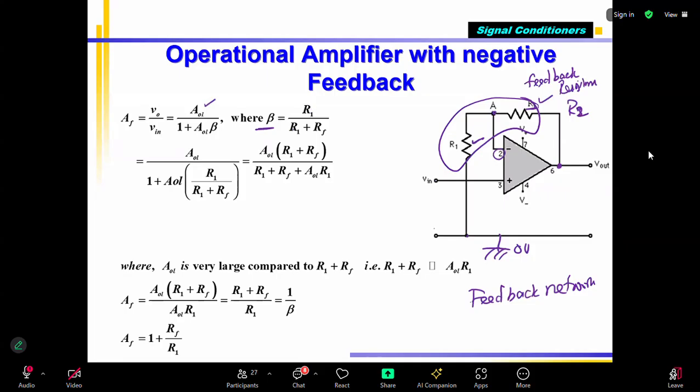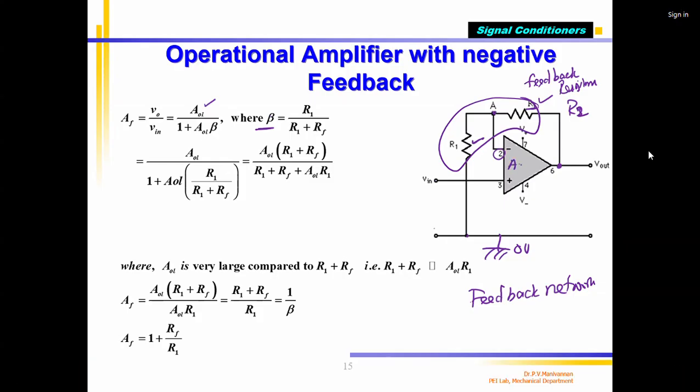And what is AOL? Open loop gain. For example, for a 741, AOL equals 10 power 6. So I can write AF equal to 10 power 6 divided by 1 plus 10 power 6 multiplied by beta.